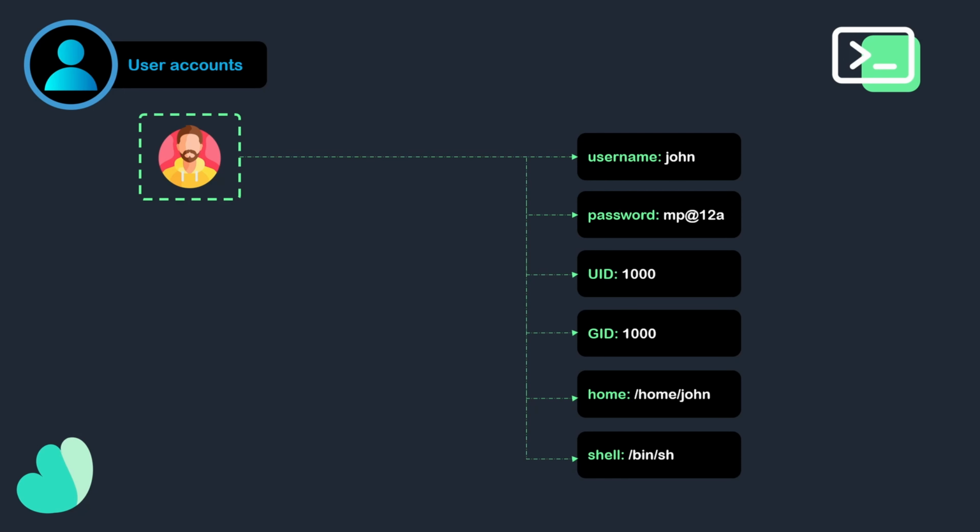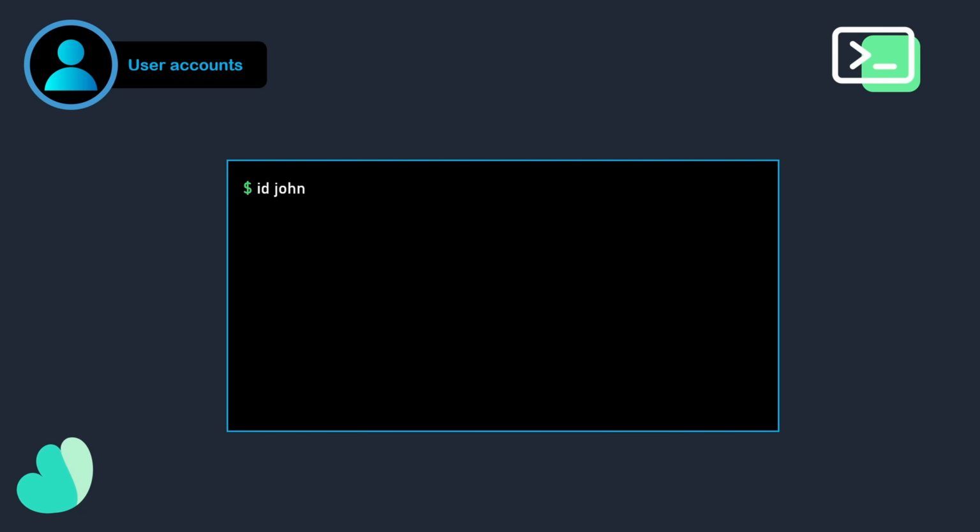We can check this information by executing the id command followed by the name of the user. This command will show us the username and the ID of the user, the GID and the name of the primary group of the user, and the groups that the user is part of.